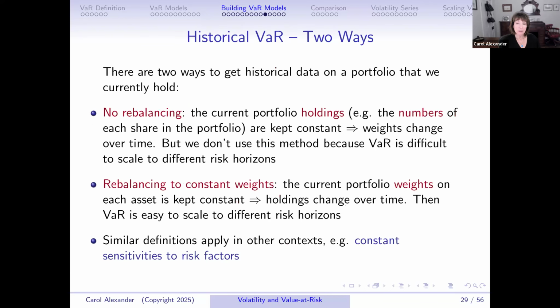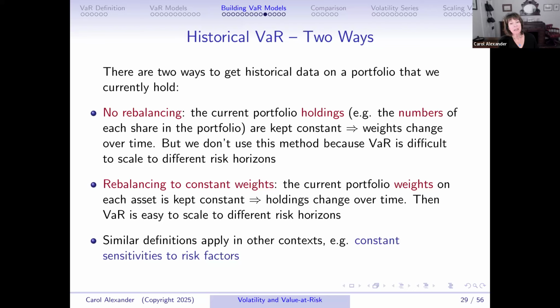So for historical VaR, there are 2 ways to get the historical data that we need. Either we assume there's no rebalancing and you keep the holdings constant, or we rebalance to constant weights. Since we're only looking at portfolio VaR at that level, we're not drilling back into the asset levels, we can make that choice as we want.